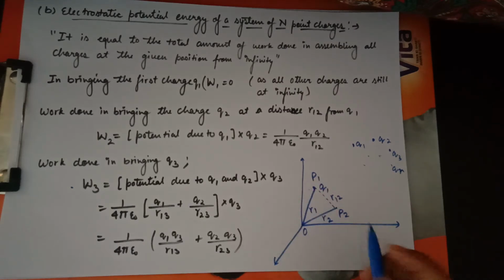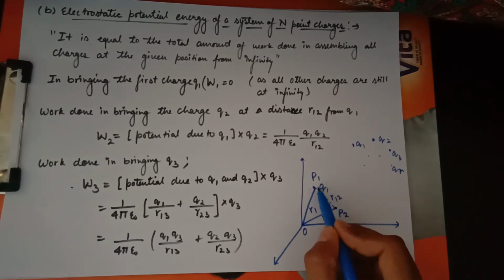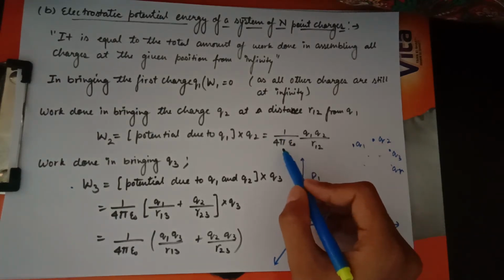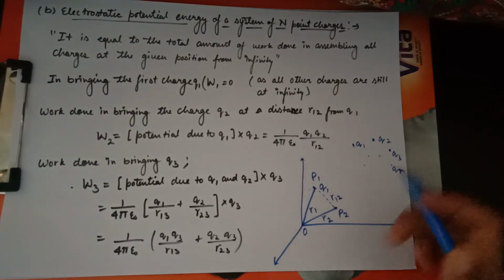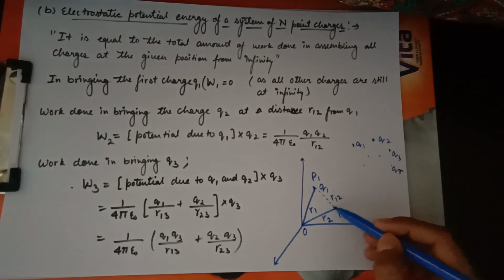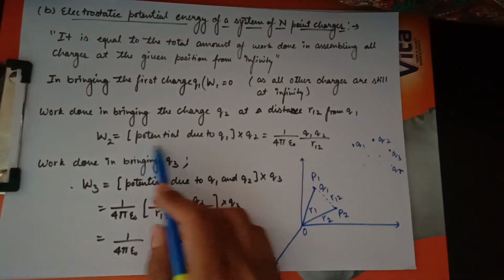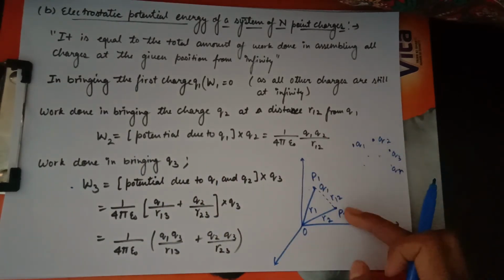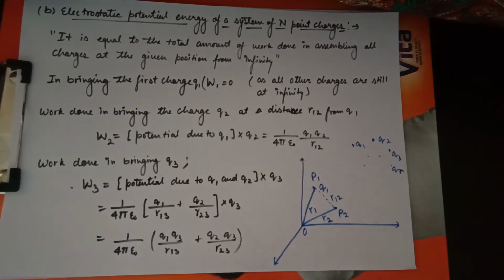The potential due to this charge at this point is 1 upon 4 pi epsilon naught, q1 divided by the distance between these two points, which is r12. So it is the potential due to charge q1 times charge q2, as I am bringing the charge q2. So this will be the amount of work done.